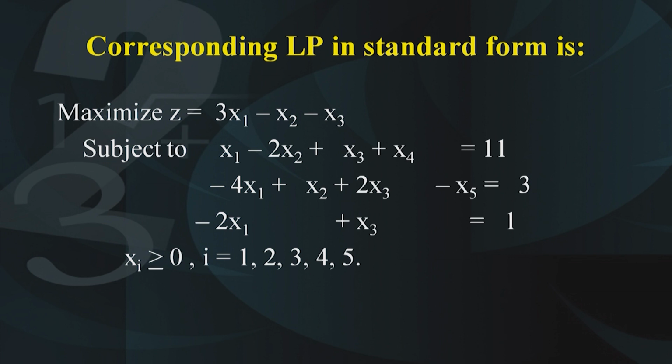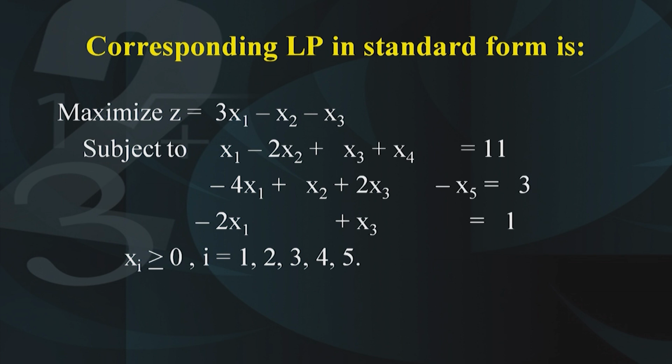Coming to the second constraint. The second constraint minus 4x1 plus x2 plus 2x3 greater than or equal to 3 will need to be converted into an equality constraint by subtracting a positive variable, and that positive variable is called the surplus variable.